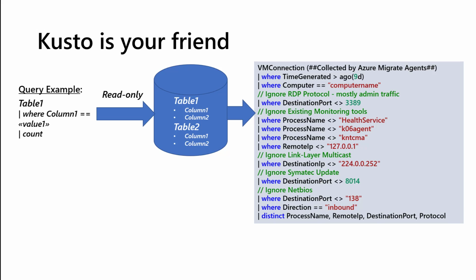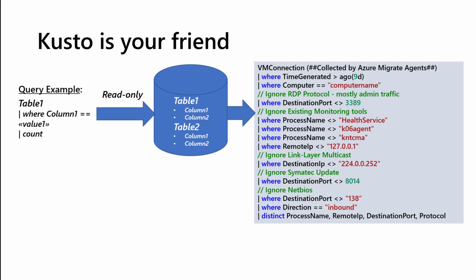So this is an example where I'm looking at the VM connection table, which is being collected by the Service Map module. Looking back the last 9 days, I can specify a computer name if I want to filter on a specific VM. I want to exclude some specific ports that I'm not interested in getting as part of the data result.